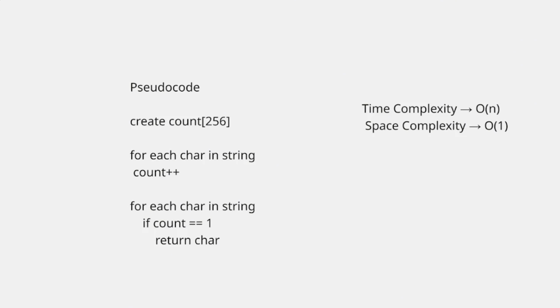If it doesn't find anything, we just return -1. Now the time complexity and space complexity. Our time complexity is O(n) because we traverse the string only one time, and from that we get the frequency of each character. The space complexity is O(1), so we need no extra space.